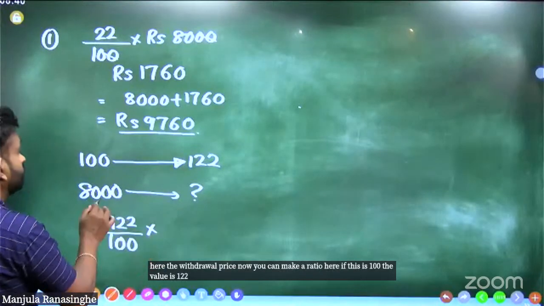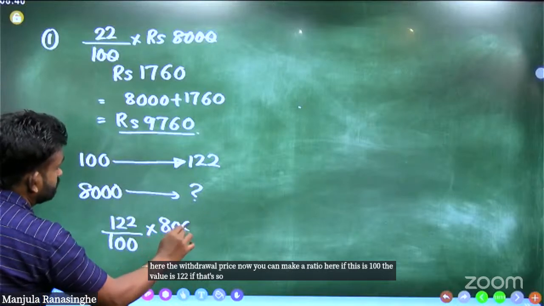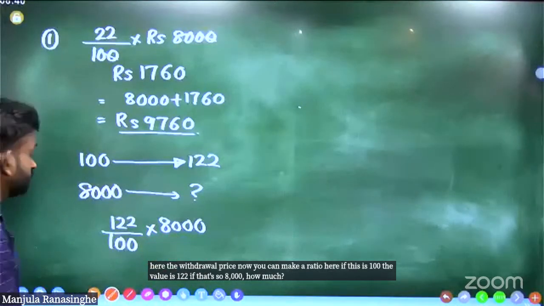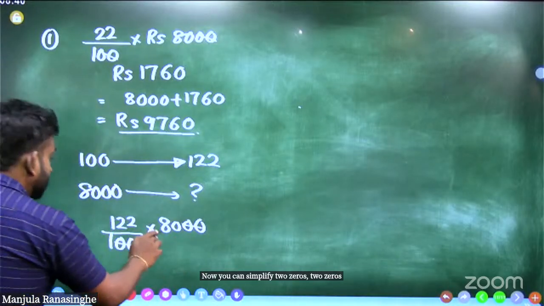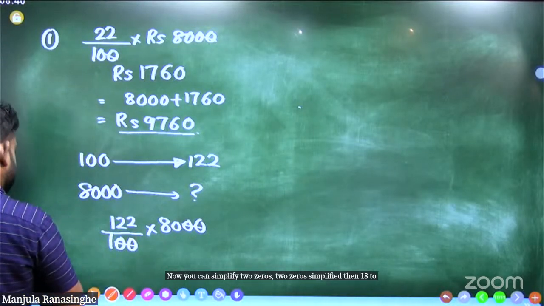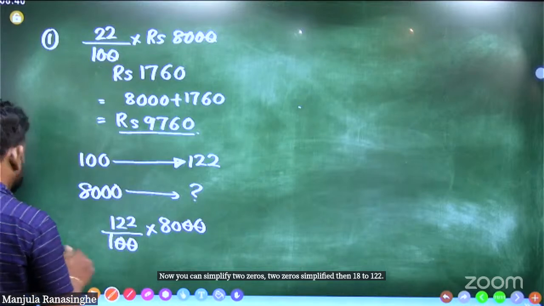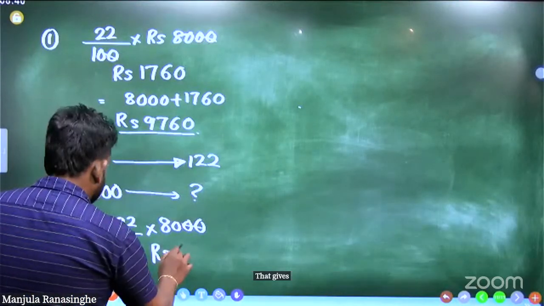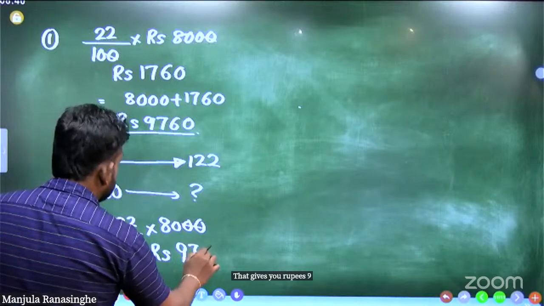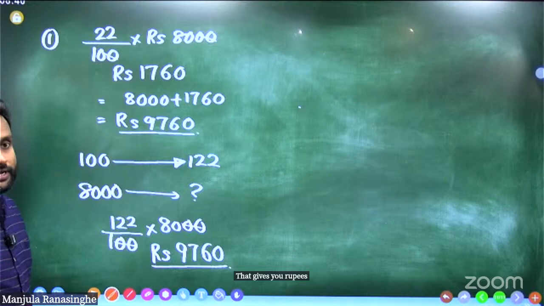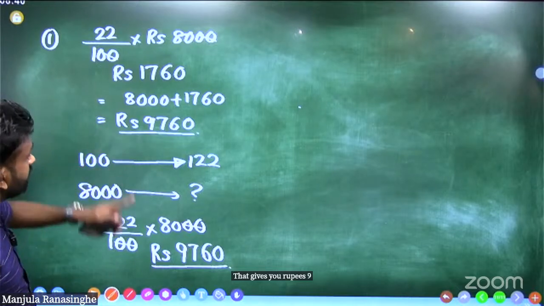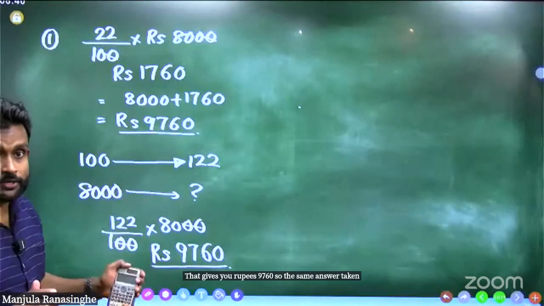If that's so, 8,000 how much? Simplify the two zeros, then 80 into 122. That gives you rupees 9,760. That gives you rupees 9,760.